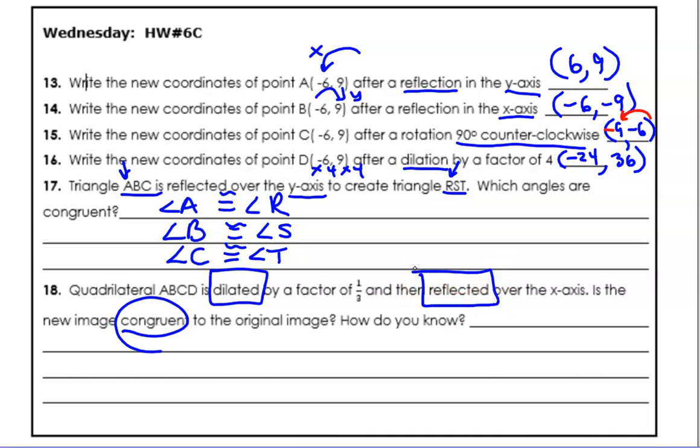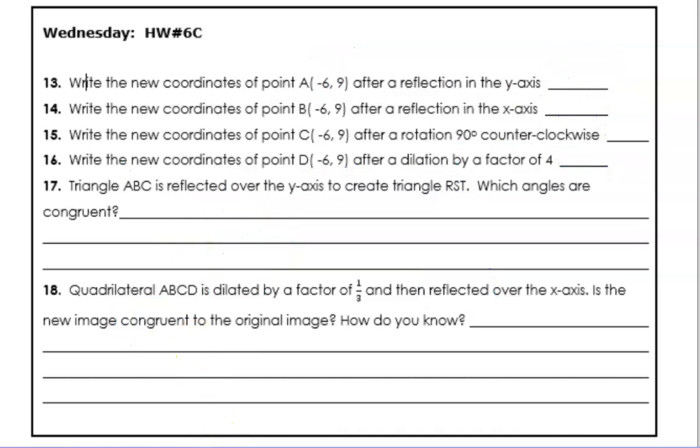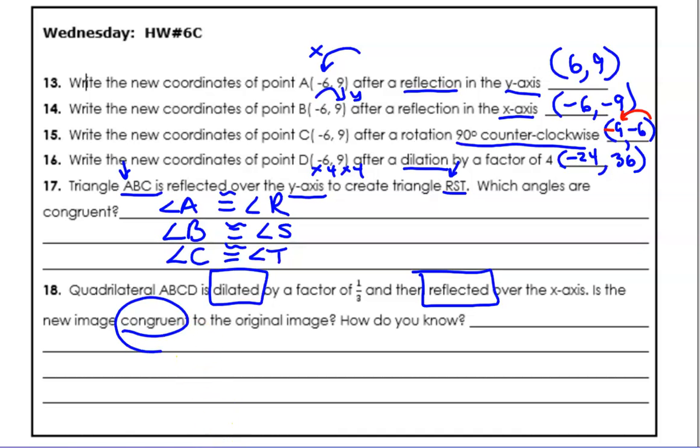So to be congruent means you have to be the same size and the same shape. Same size, same shape. Do both of these transformations preserve that? Do both of these transformations keep you the same size and the same shape? This one does, but this one does not.